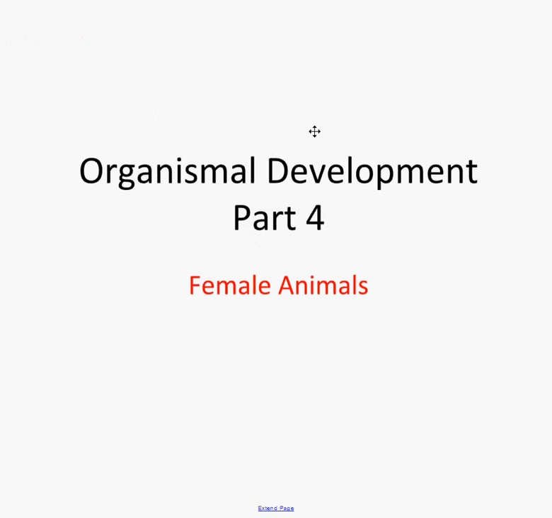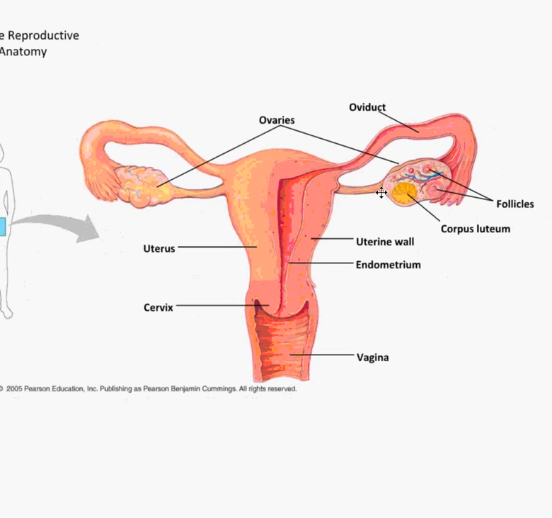In female organisms, these ideas are a little bit more complex, and so moving on, let's talk about the female anatomy, the important portions of that. The uterus is the place where the developing organism will be. Not all animals have this, but they do have something like this where the eggs are stored and then laid later.